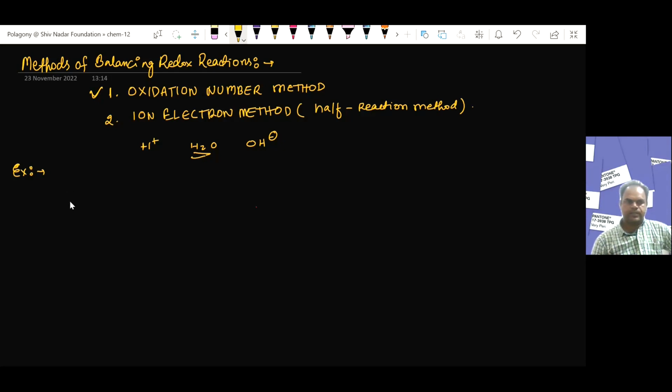We'll take this example: K2Cr2O7, potassium dichromate, reacts with sodium sulfite in acidic medium. Then potassium dichromate produces chromium plus 3 ions and sulfite changes into sulfate SO4 minus 2.